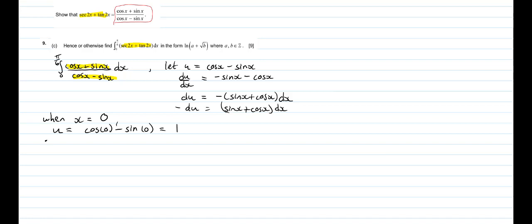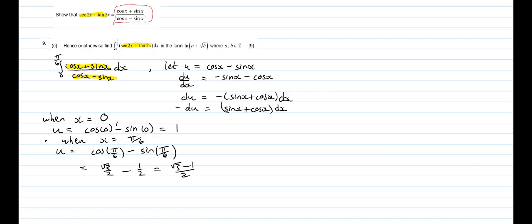And then when x is equal to pi over 6, u is equal to cos pi over 6 minus sine pi over 6, which is equal to, well, cos of pi over 6 is root 3 over 2, and sine of pi over 6 is a half, so minus a half, so that's equal to root 3 minus 1 all over 2. Okay, so now we've got our new limits of integration.